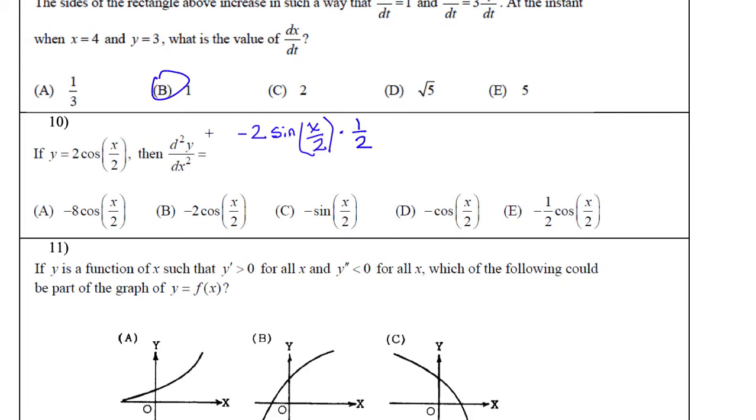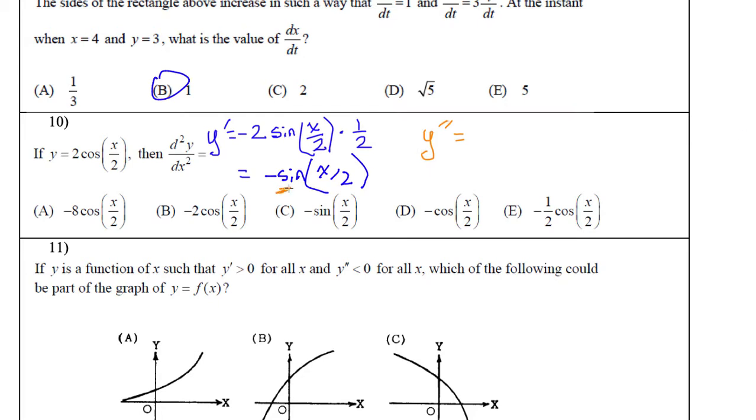I can say y prime was equal to this thing, and then the second derivative, y double prime. If I simplify this, -2 and 1/2 simplifies to just negative sine of x over 2. Now that I simplified, I can take the derivative and it makes it a little bit easier.